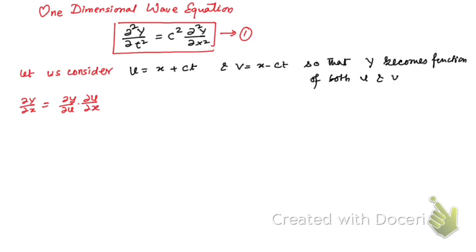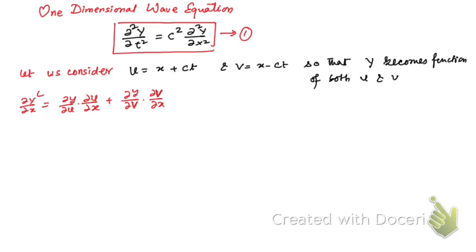As I have said, y is a function of both u and v, so we can also add del y by del v into del v by del x. That's how we can write. Hope you have understood this. Sorry, this should be y. Okay, so we can write this way.